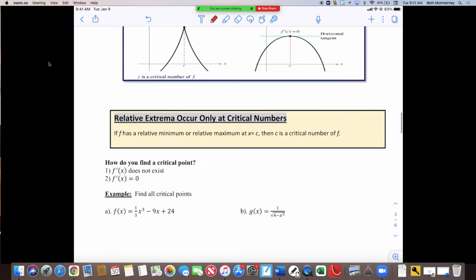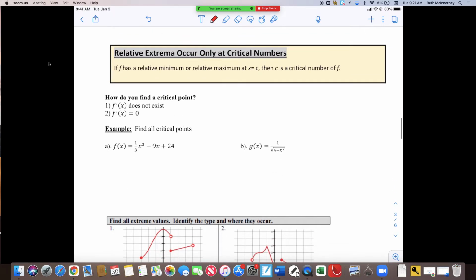So how do you find a critical point? You find the derivative and try to set it equal to 0. The x values where the derivative is 0 are critical points, or where the derivative does not exist are critical points.